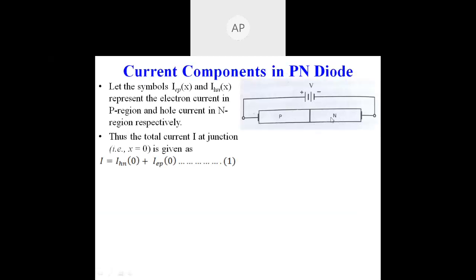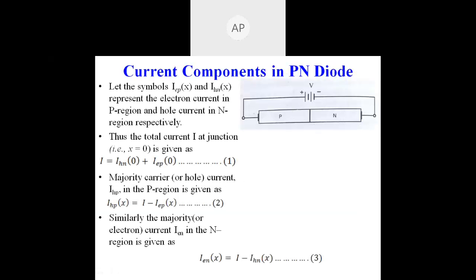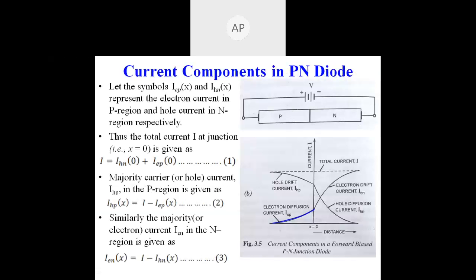Okay. So again, I am taking a slight discussion about this. So, guys, what we can say is that the current components associated in a PN junction diode are due to one, the majority carriers, and second, the minority carriers. For the majority carriers, the current direction will be from left to right due to the holes and the electrons.